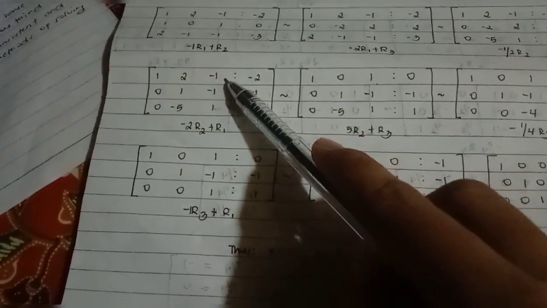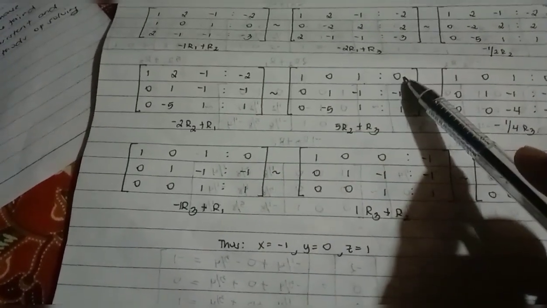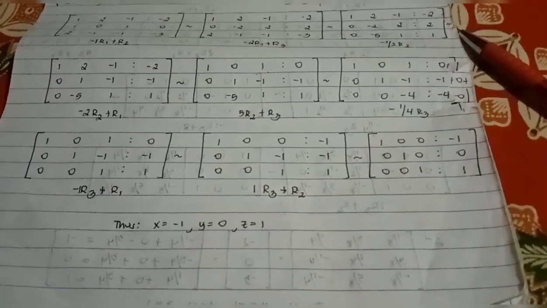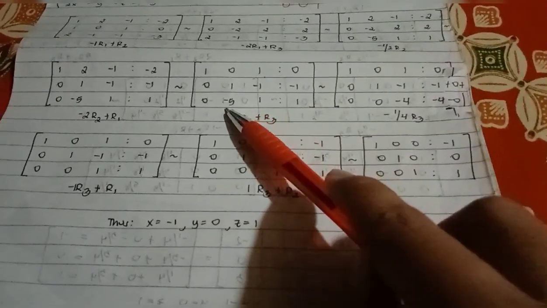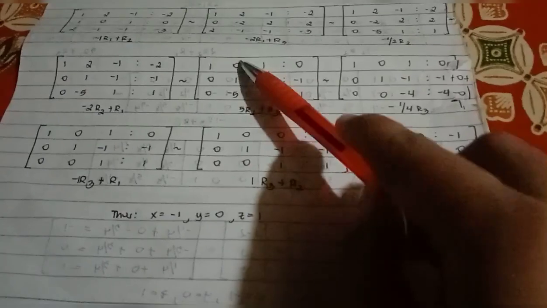Negative 2 times negative 1 plus negative 1 equals 1. Negative 2 times negative 1 plus negative 2 equals 0. The next goal is the third row in the second column.